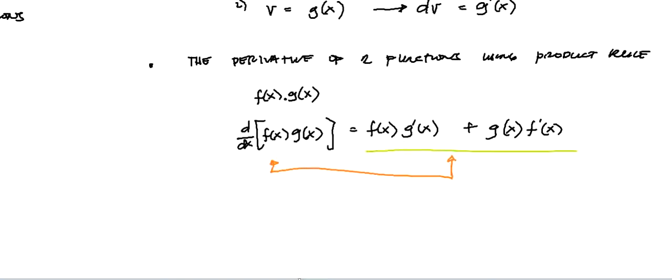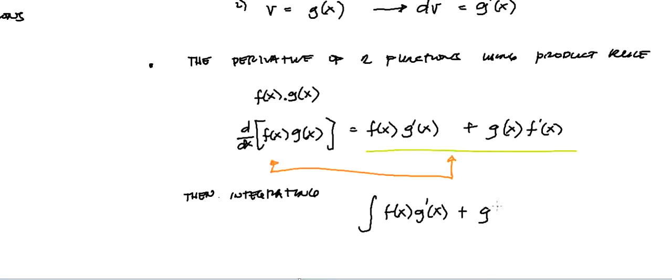So if we integrate f of x g prime of x plus g of x f prime of x, our answer is f of x g of x.